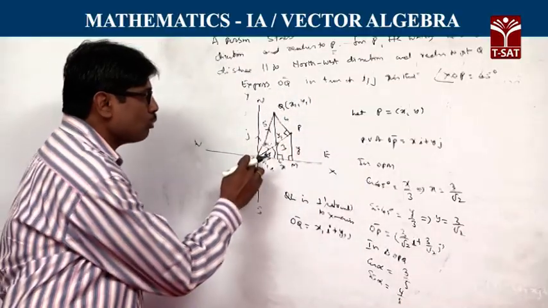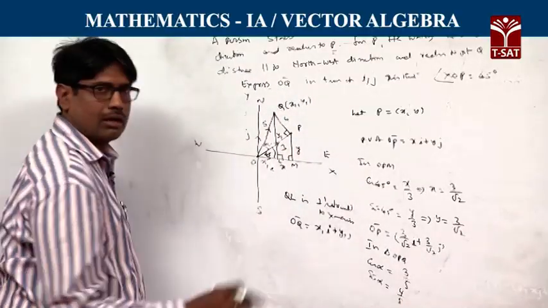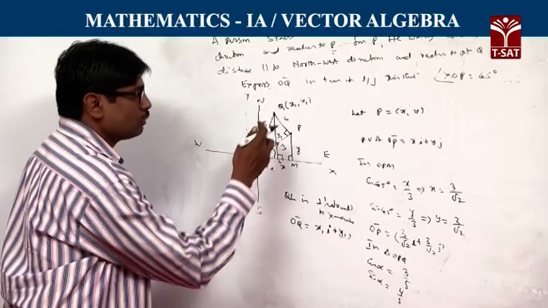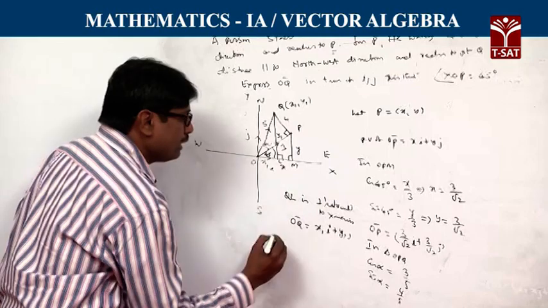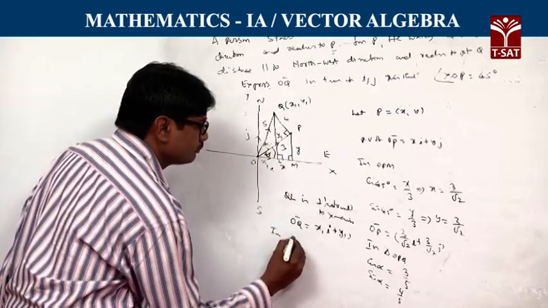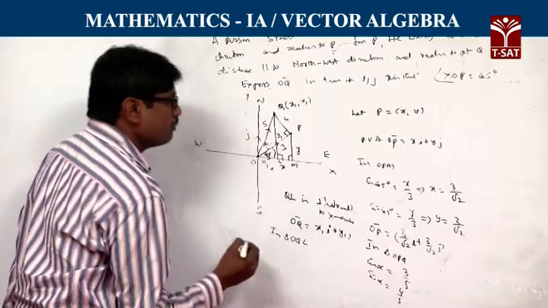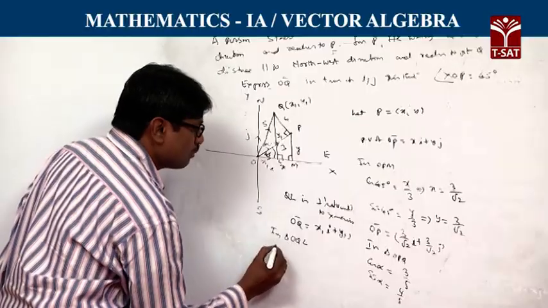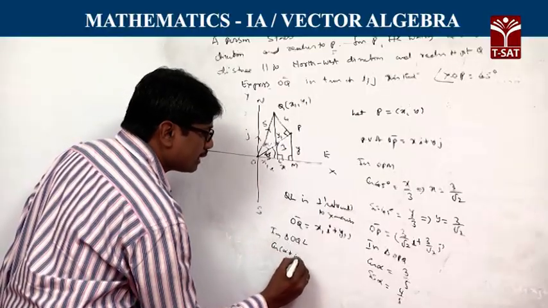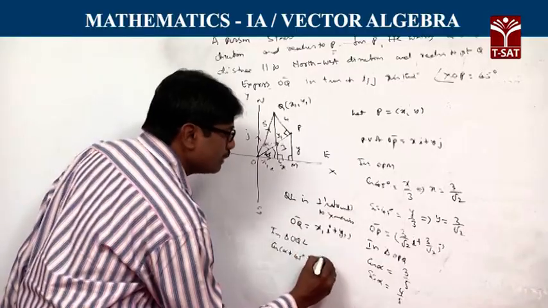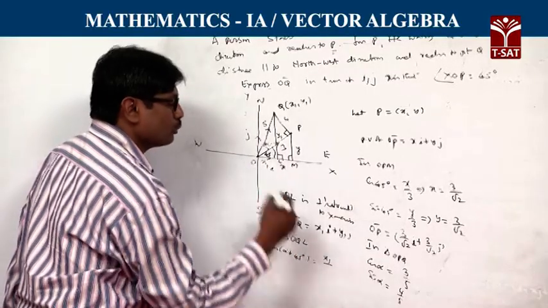So in triangle OPQ we calculated sin alpha and cos alpha. Now, in triangle OQL, the complete angle is alpha plus 45 degrees. Cos of alpha plus 45 is equal to x1 divided by OQ.